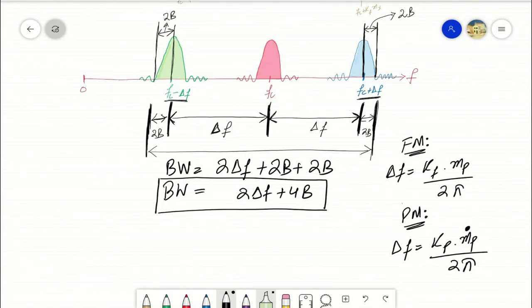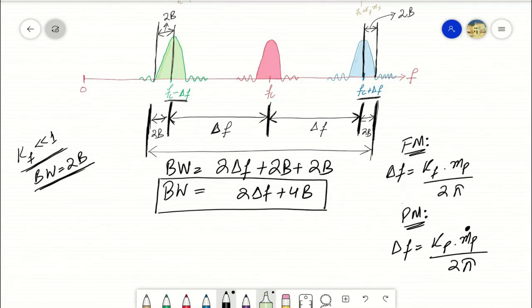For the case of narrowband frequency modulated signals, the scaling factor kf was considered as a very small value, less than 1, and the bandwidth consumption of such a narrowband frequency modulated signal was observed as exactly twice the bandwidth of the information signal.